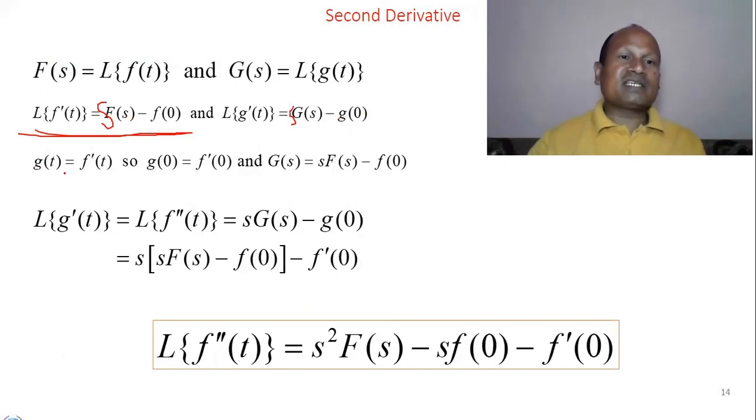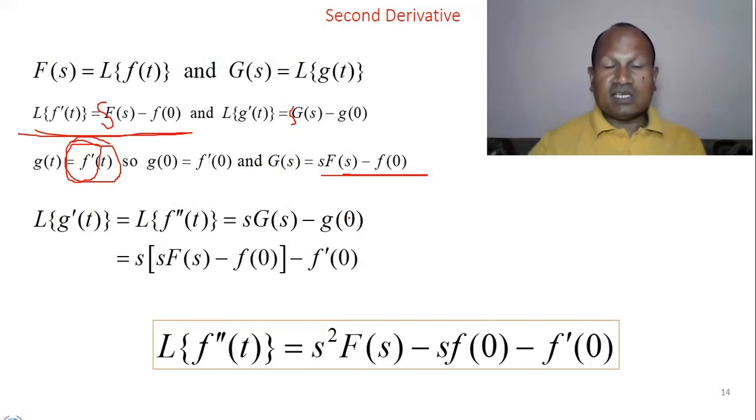So let's assume g(t) is f dash t. So your g(0) will be f dash 0, and G(s) will be, what is G(s)? G(s) is the Laplace of g(t), and what is g(t) here? f dash t. So the Laplace of the first derivative of f(t) can be written as sF(s) minus f(0). So the Laplace of g dash t, meaning the derivative of this one, the second derivative of f(t), can be written as sG(s) minus g(0).